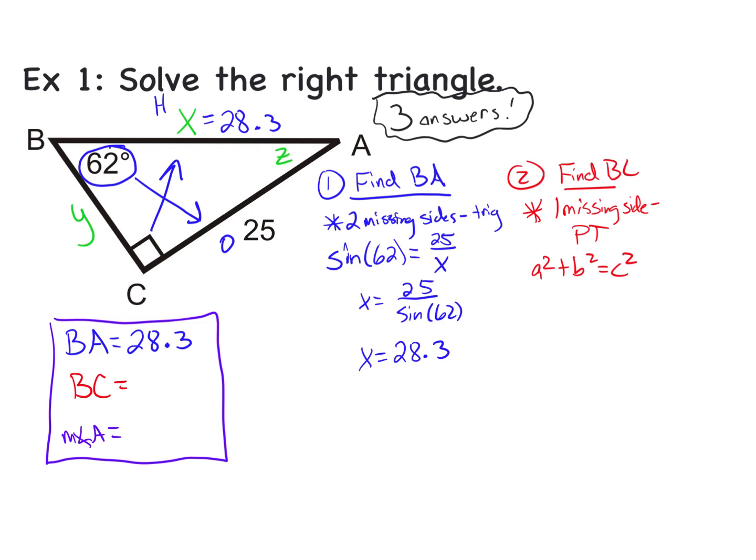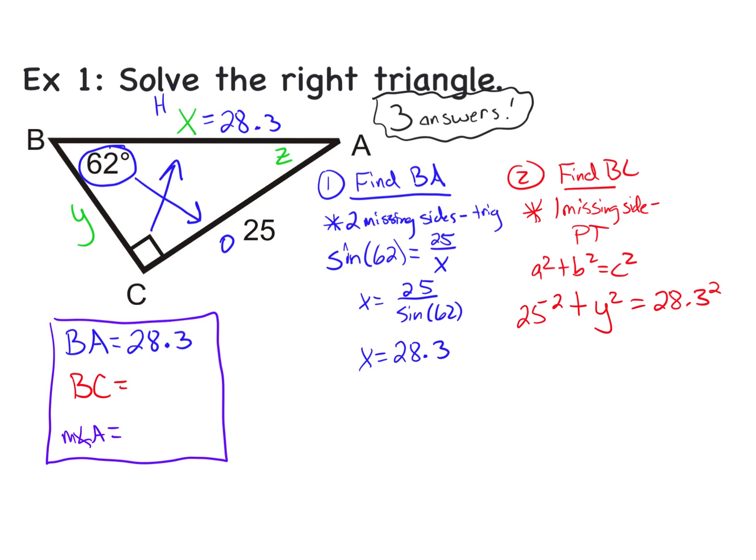Remember, for the a and the b, it doesn't matter which one you do. So for a, I'll just say it's the 25, so 25 squared plus the other side, which is right now y, and we said the c was the hypotenuse, which is 28.3 squared.